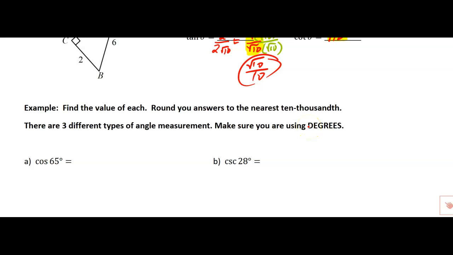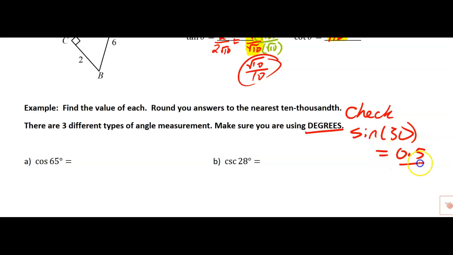To check you're in degrees, do sine of 30, and that should equal 0.5. So if you're in the right unit, then when you do sine of 30 degrees, it should come back to essentially 1/2. So that's an easy way to check, okay?